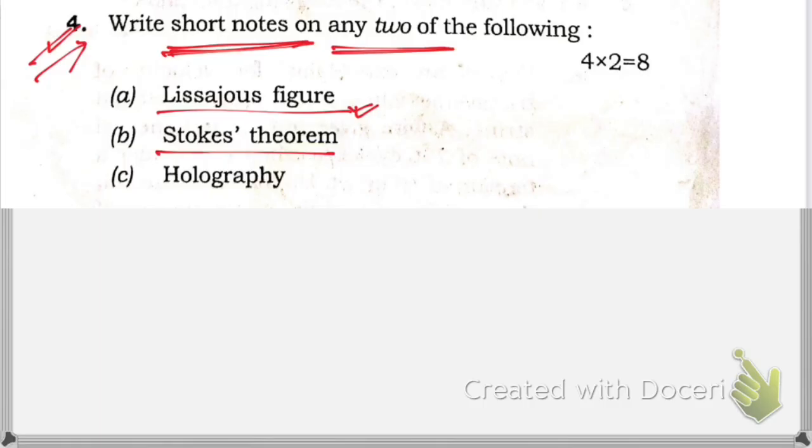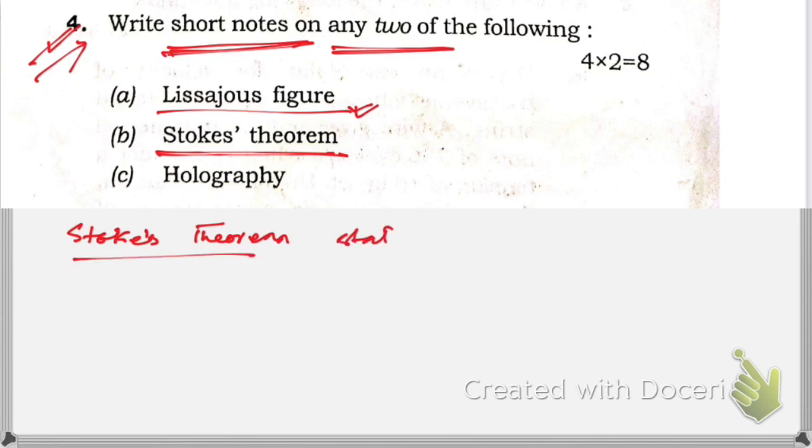So Stokes theorem, and here you see this states that, Stokes theorem in optics.